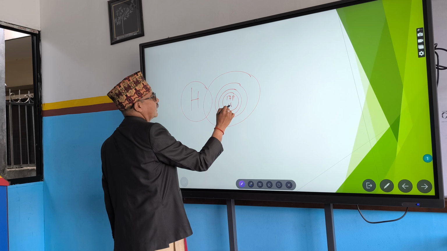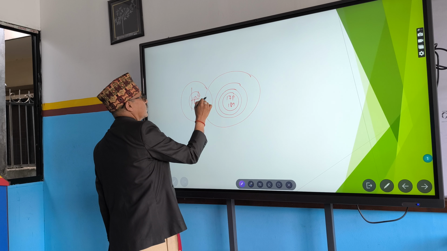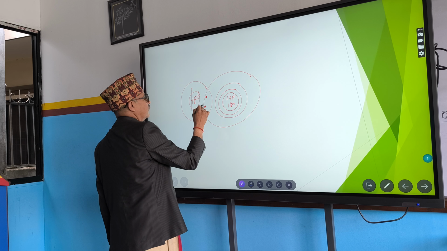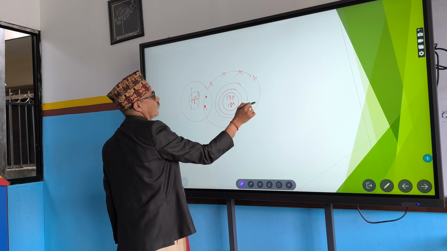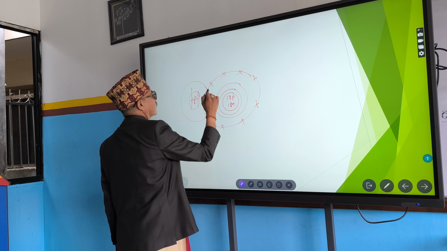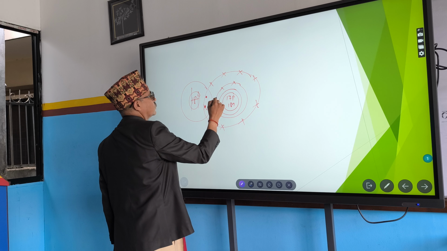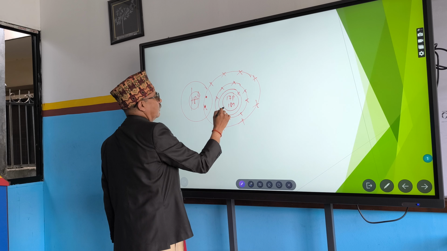Chlorine has 17 protons, 18 neutrons. Hydrogen has 1 proton only, and 1 electron. Chlorine has electrons arranged 1, 2, 3, 4, 5, 6, 7, and then 8.